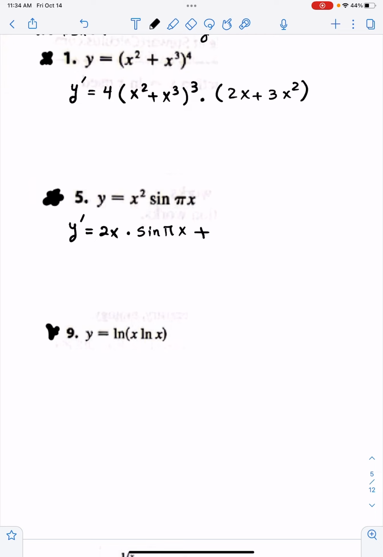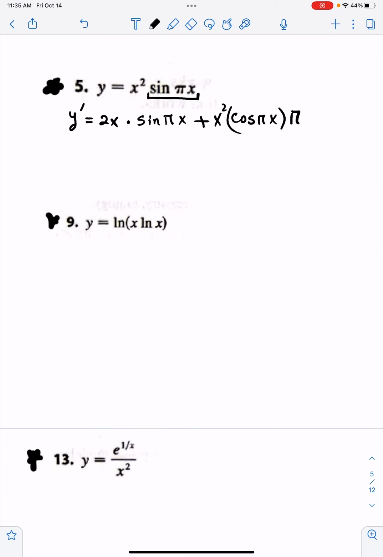The derivative of the second is cosine of pi x times pi, because for the derivative of sine of pi x, the outside function is sine, times the derivative of the inside, and the derivative of pi x is pi. So that's the derivative of the second times the first. Again, you may leave it like this for the test. There are ways to simplify, like factoring x out, or cleaning it up a little bit, but this is sufficient for the test.